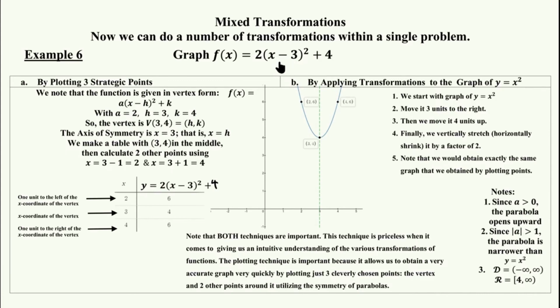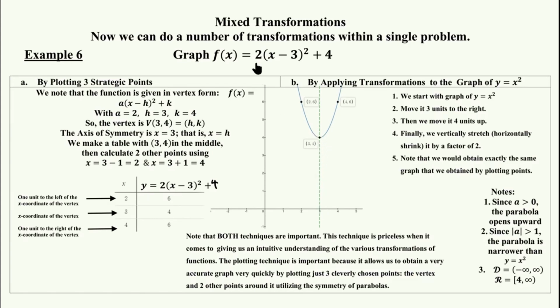If it were x plus 3, because it would have been x minus negative 3, that would have been a shift to the left. But here we have x minus 3, so we start with the graph of x squared, we move it 3 units to the right, then you can take care of the vertical shift, then you're going to go 4 units up, right? And that brings you here. So you've taken the graph of x squared, you've moved it 3 units to the right, 4 units up.